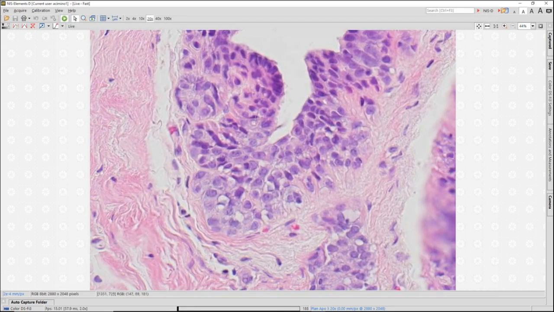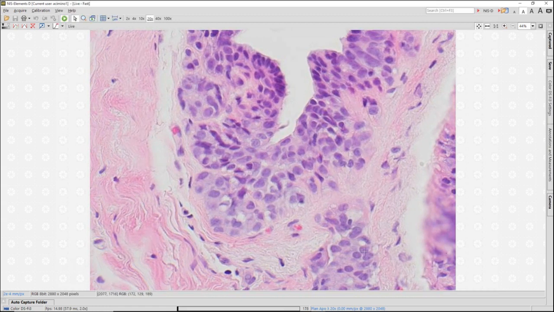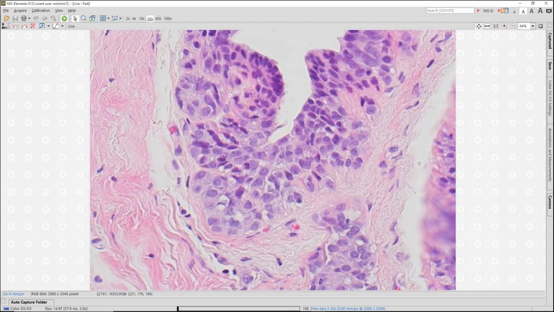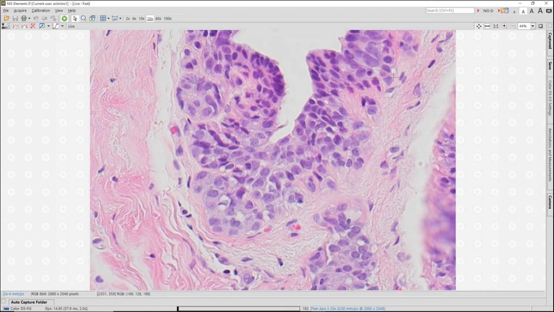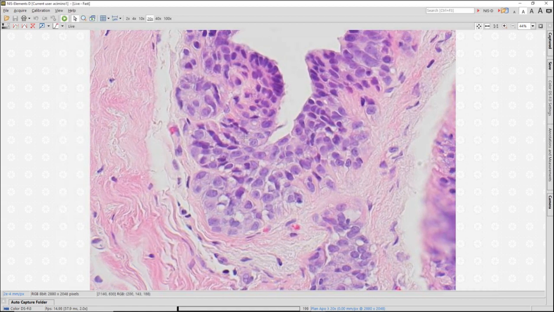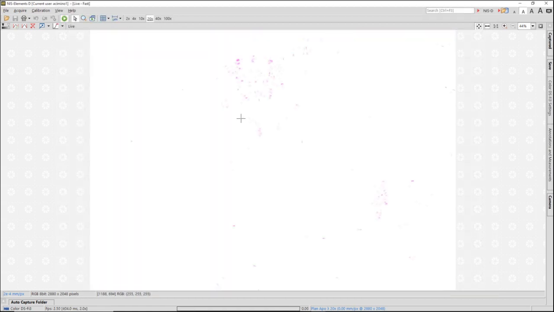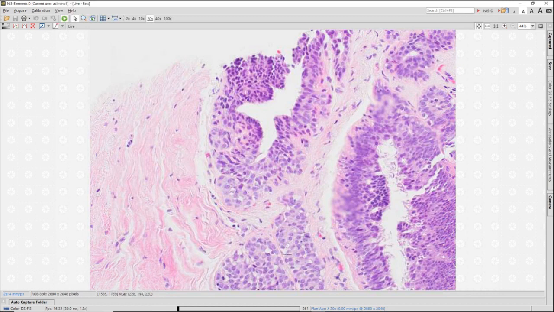I'm showing you right here, like a signet ring cell. So one vacuole as opposed to expanded, bubbly, multivacuolated clear cytoplasm. These are single signet ring vacuoles. So this is an example of lobular neoplasia, or in this case, ALH, involving an intraductal papilloma.